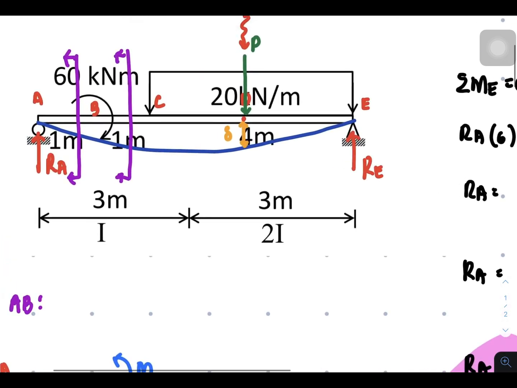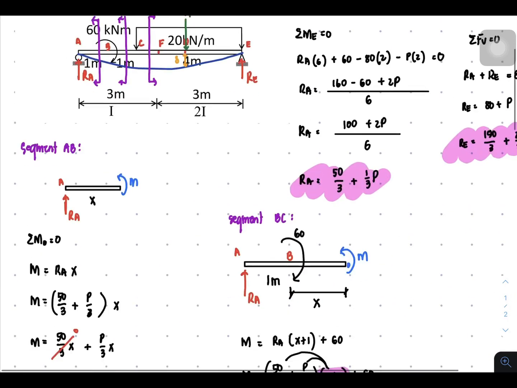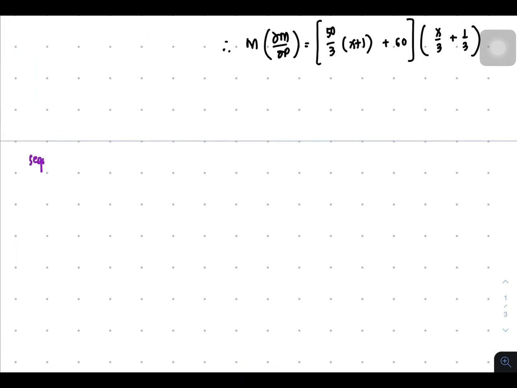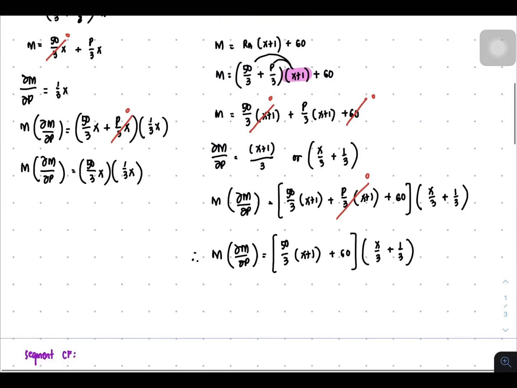Oh, I forgot. We need another point here, since this is the beginning of a different section. So I'll just place point F. So C to F. We will be cutting C to F here. And I'll consider the right side. C to F. So with that, let us draw.